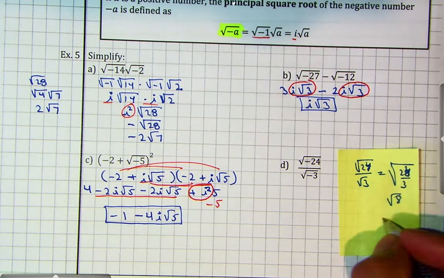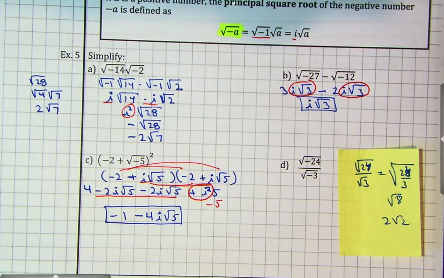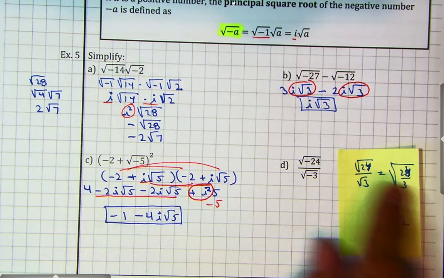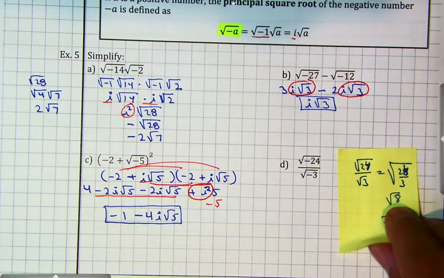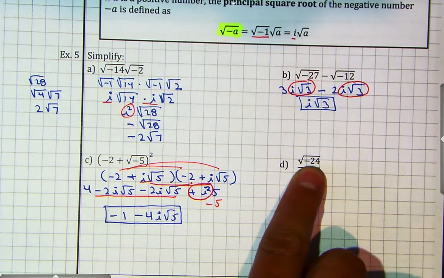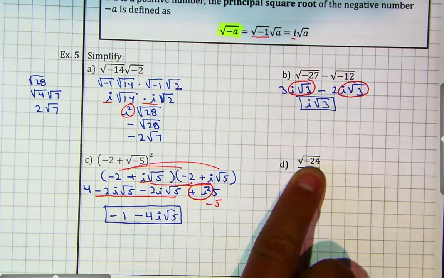And then from there we can do 2 square root of 2. But this property only applies for real numbers. We cannot have a negative inside the square root.